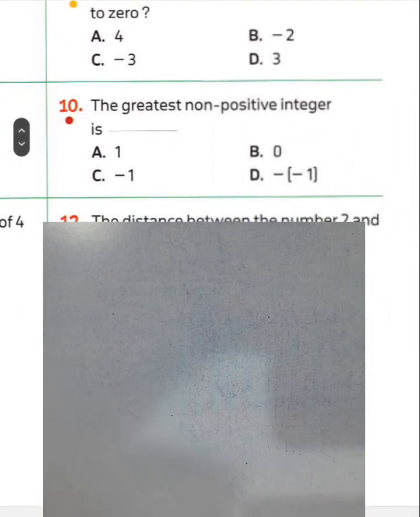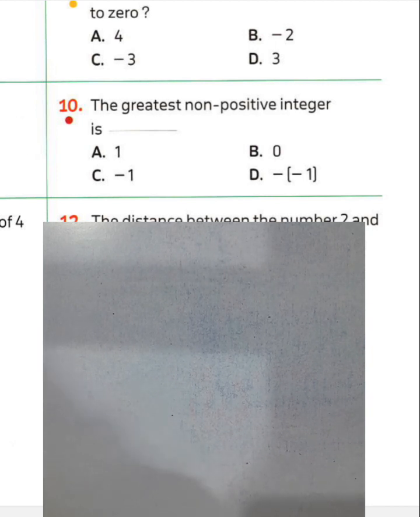Question 10. The greatest non-positive integer is 0. We know 0 is both non-positive and non-negative. Then the greatest non-positive integer is 0, and the smallest non-negative integer will also be 0, because 0 is non-positive and non-negative.